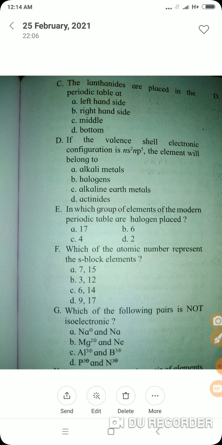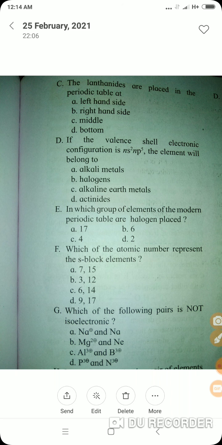Now next MCQ: which of the following pairs is not isoelectronic? We studied isoelectronic species in the earlier videos. What is isoelectronic? Species having the same number of electrons are isoelectronic species. We have to answer which of the following pairs is not isoelectronic, which means which pair contains a different number of electrons.